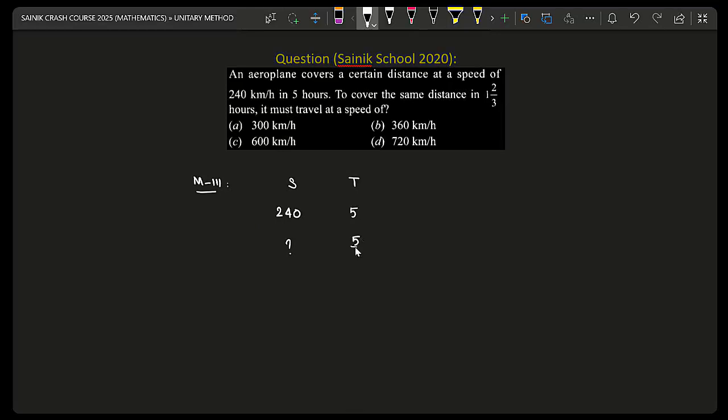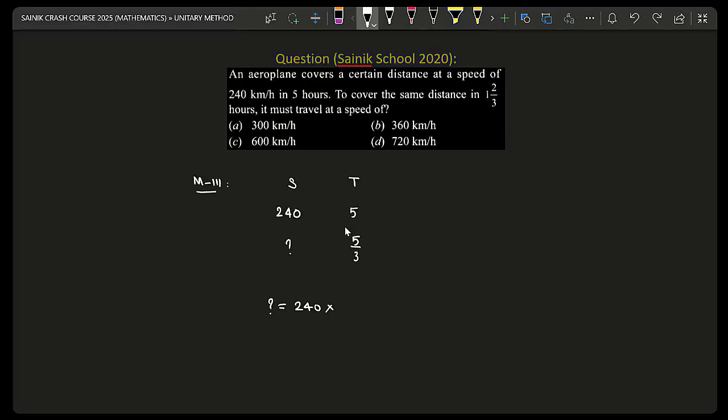5 by 3. Yes. Now, as you said, you'll be using the last method. So what is the direct equation you will be writing? First of all, you write the question mark related number. What is that? 240. Then, okay. First of all, you tell me whether 5 is more or 5 by 3 is more. 5 is more, right?